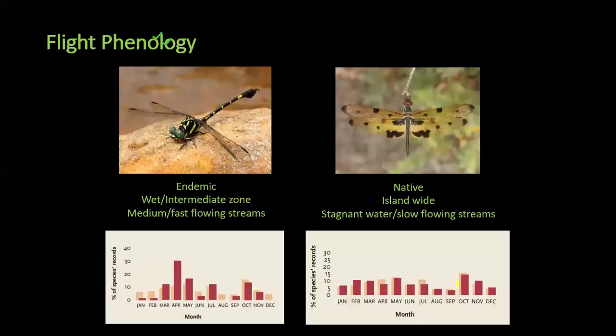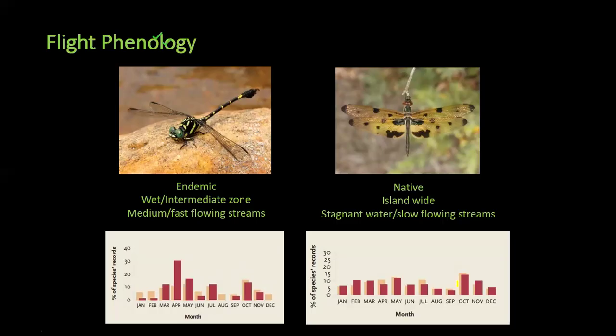Other interesting facts about these animals are that most dragonflies and damselflies are highly seasonal within their life cycles. When we talk about dragonflies and damselflies, we are not referring to their larval stage much; we are talking about the adult.